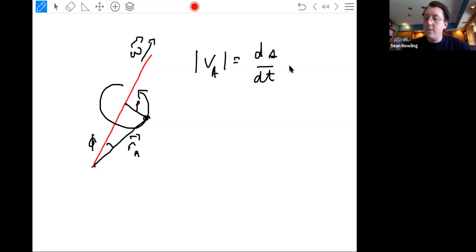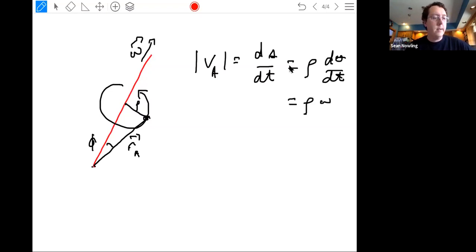And since it's on a circular path, I know the arc length is going to be related to theta, the angle around the axis of rotation. So I can write that as rho times d theta dt, like we've done in physics 1, or rho times omega.